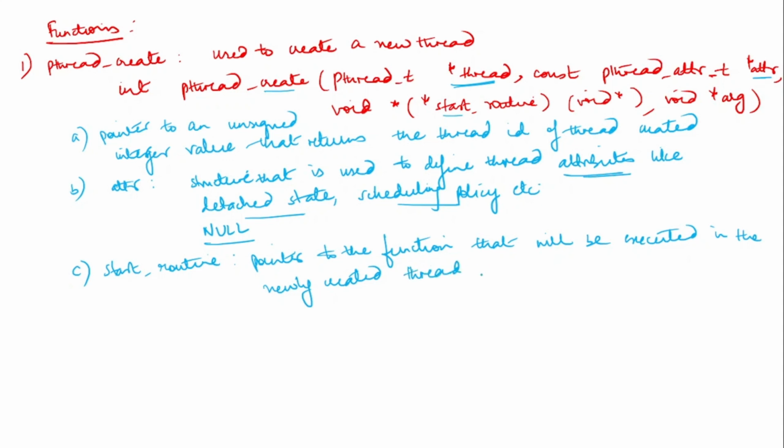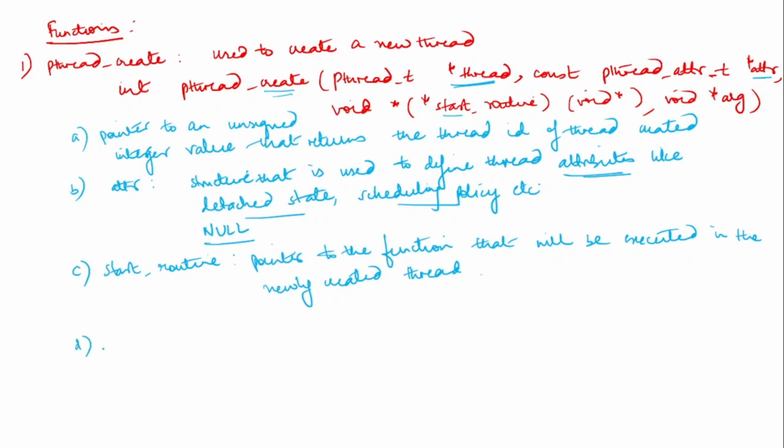Basically this start routine points to the function that will be executed by the newly created thread, which means whenever we create a thread, we create it for a purpose and we define that purpose in a function. The name of that function will be passed to the start routine parameter, so that the thread can easily understand that it needs to execute this particular function.